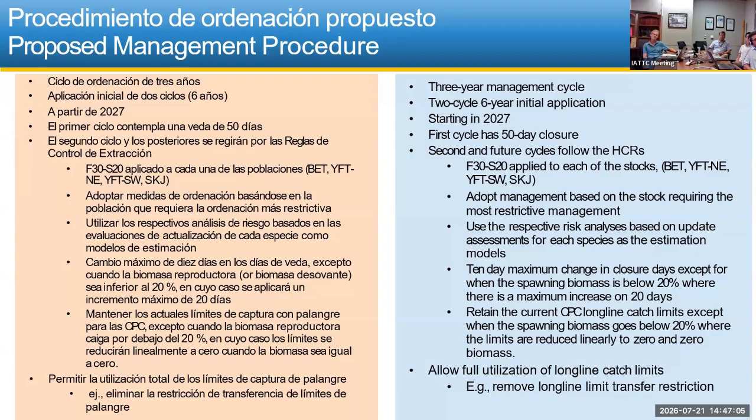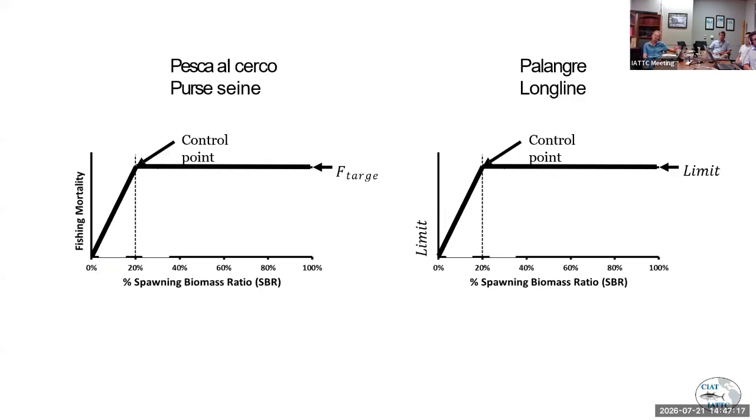And again, we'd recommend allowing full utilization of the longline catch limits in however the stakeholders agree is appropriate. And that's just reiterating the harvest control rule with a reduction in either fishing mortality or catch limits when the biomass goes less than 20%.